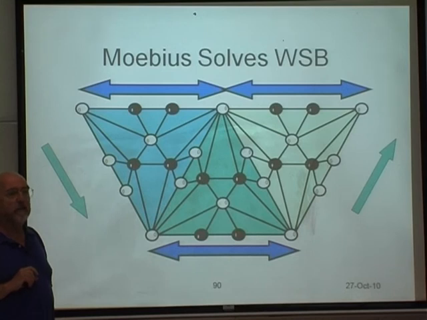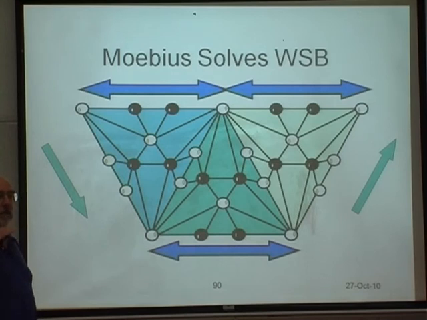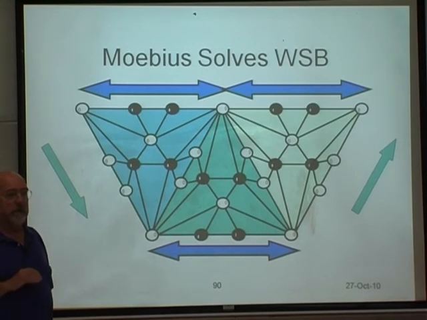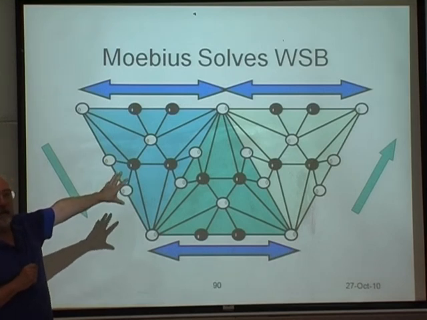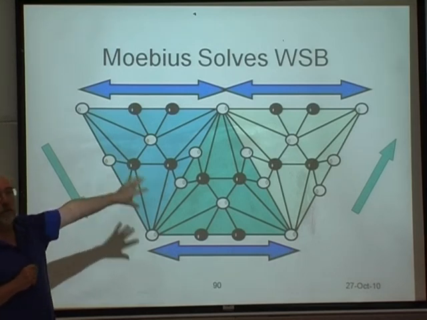So I designed it this way because I want to show that there is at least one model of computation that solves one problem but not the other. So that says that 2-set agreement is harder than 3-process weak symmetry breaking, because here is a gadget that solves one problem but not the other one.